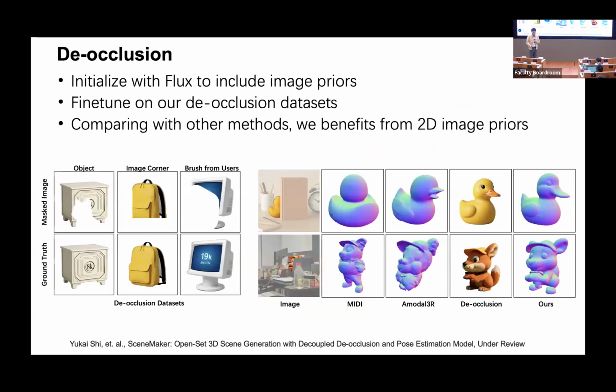What I want to emphasize here is really the de-occlusion part. We find this intermediate step is very helpful. Before our work, there are a few other works that take a similar approach to generate the scenes object by object, but they typically don't have this de-occlusion.